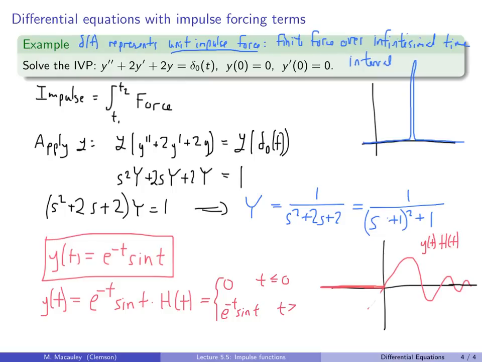Again, it's not differentiable at t equals 0, but technically the limit as t goes to 0 from the left of the derivative of y of t times h of t does equal 0, and that's good enough to match this condition.